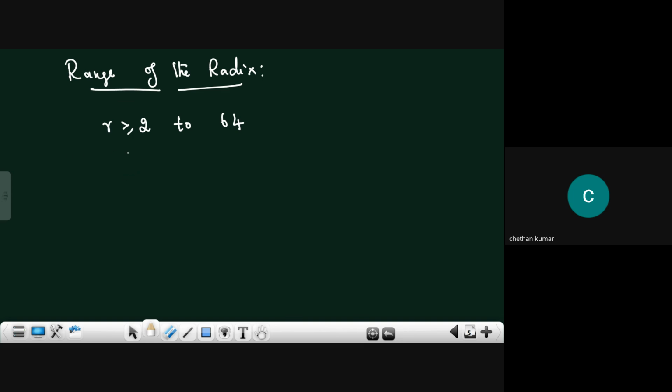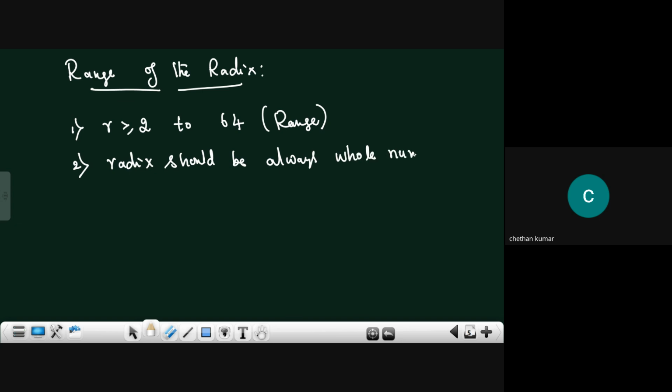What other property does the radix have? Do you see any radix number that is negative? The radix should always be a whole number, correct?